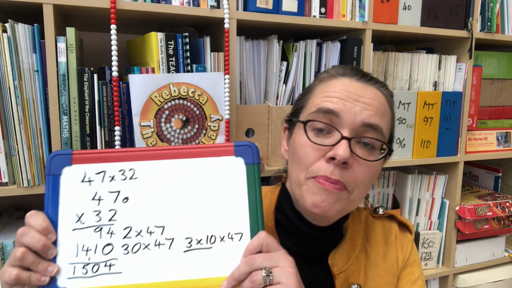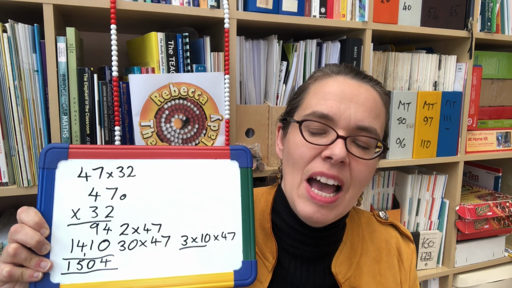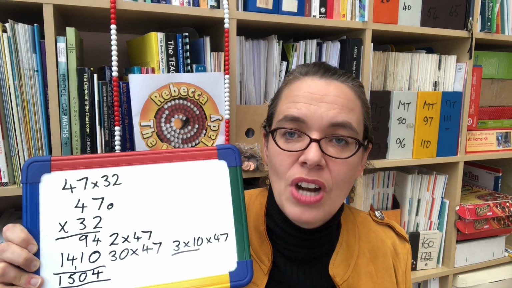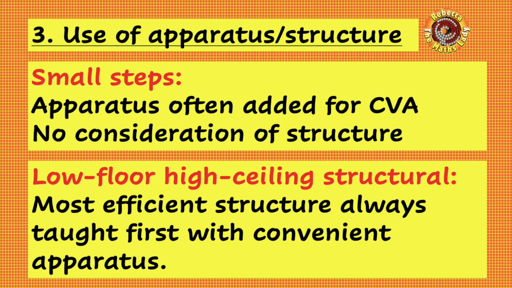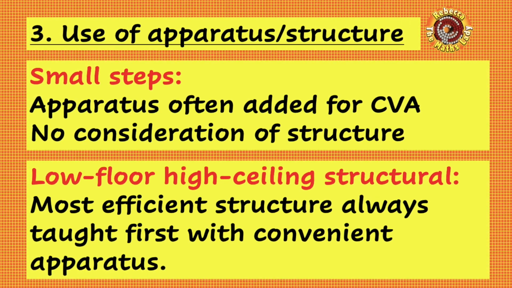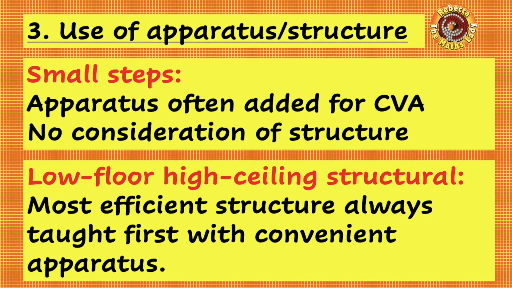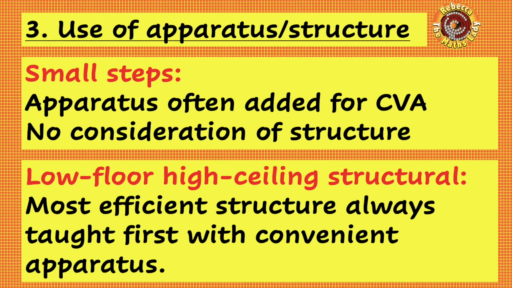In a small steps approach, people who write schemes with small steps approaches often try to add apparatus in. So they'll often try and draw a picture of some apparatus or recommend some. And then they'll suggest that you start with the apparatus and then move through a drawing and into the abstract written method.